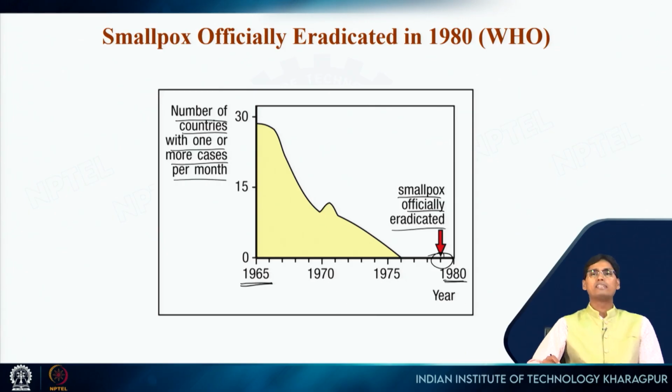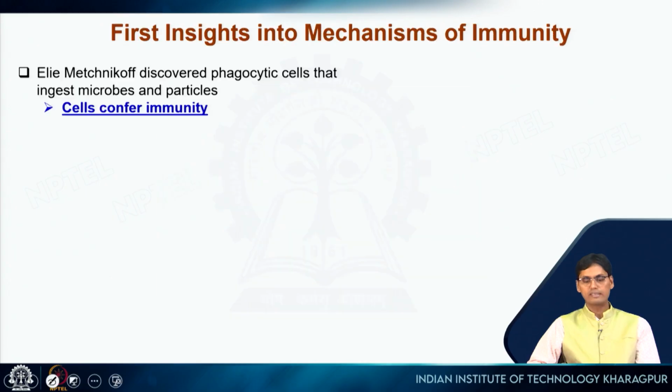One is in the United States, the Centers for Disease Control and Prevention, and the other is in Russia, the State Research Center of Virology and Biotechnology. In these two labs, the virus stock is still there. So anyway, let's see what is happening here.